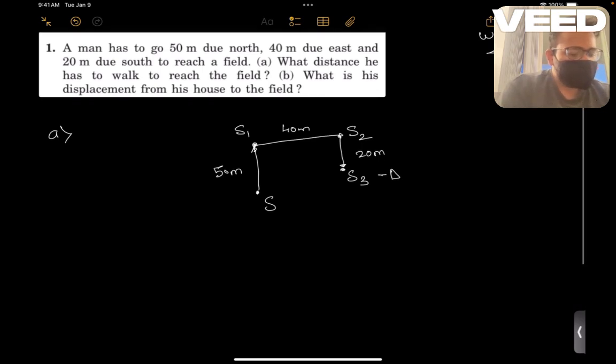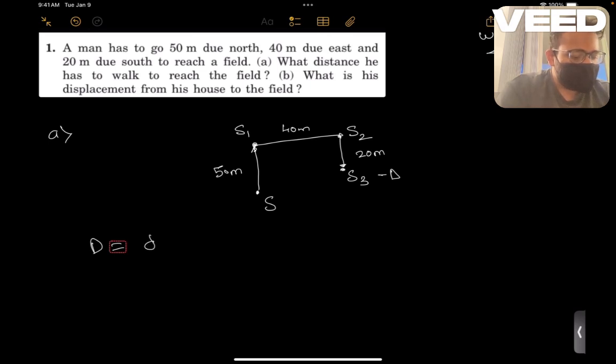So the first part asks us what's the distance he has to walk to reach the field. As we know, distance is a scalar quantity, and for distance we just have to add how much distance we have walked.